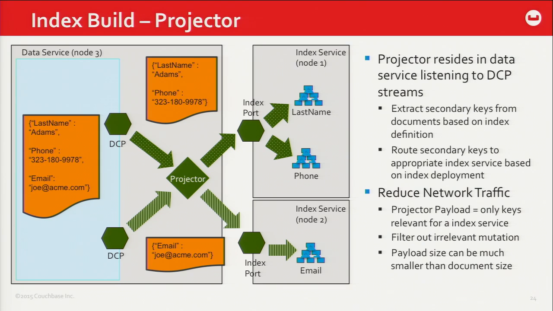Now let's open the hood a little bit more and take a look at what's inside the data service. What you see here is that there's a broker sitting inside the data service called the projector.